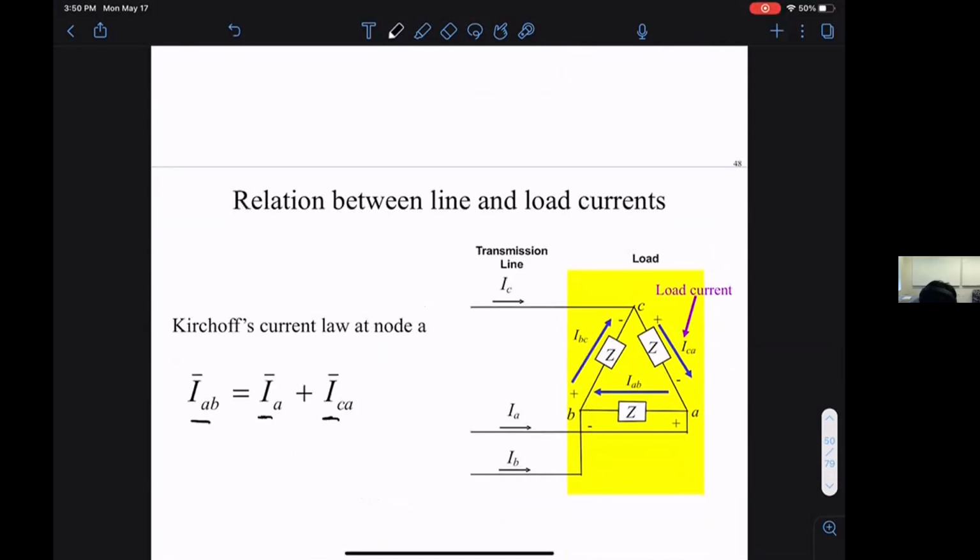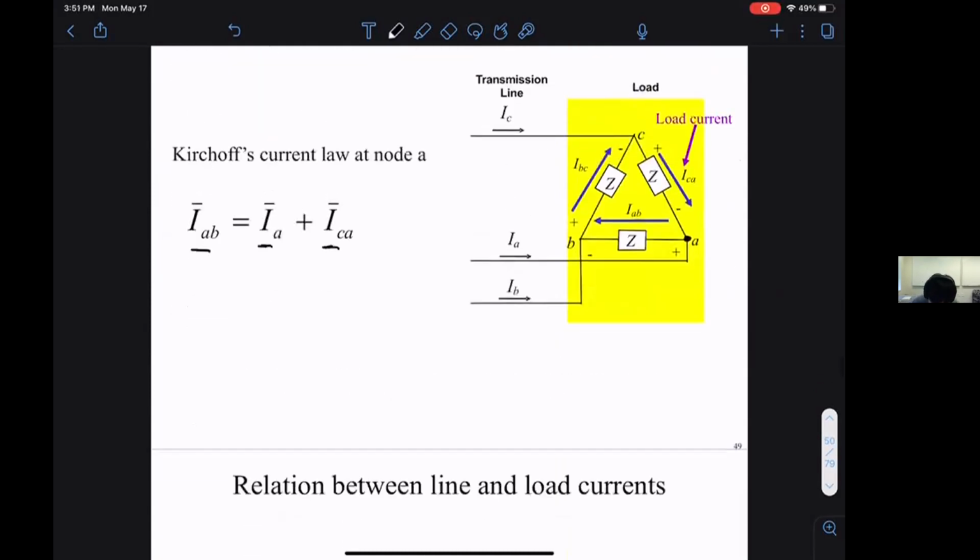So IAB, this current, if you look at Kirchhoff's current law at this node, equals IA coming in and ICA coming in. So this is our current relationship between the figures.